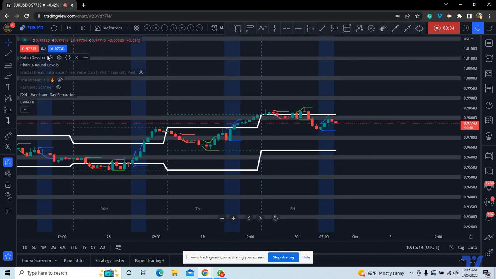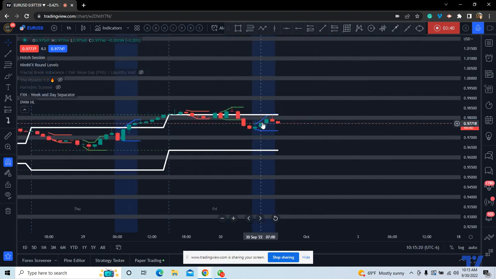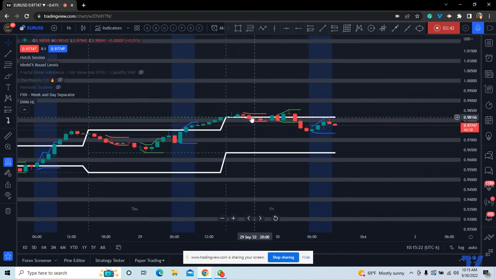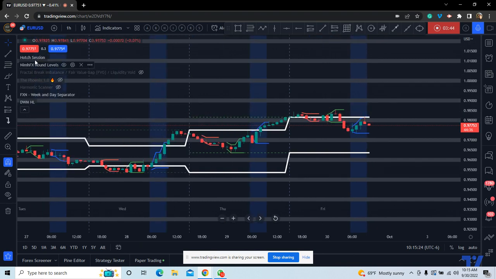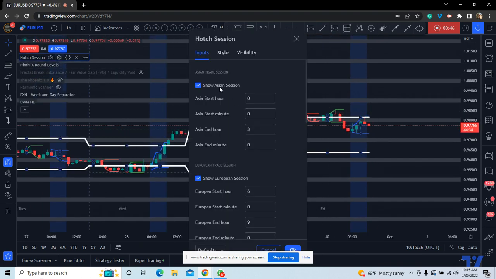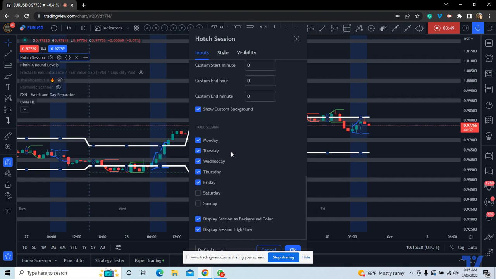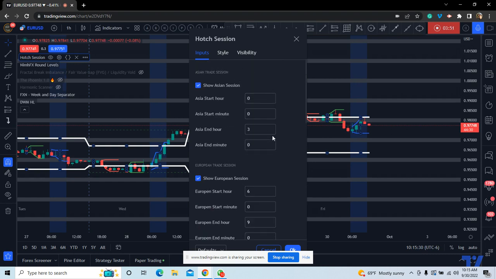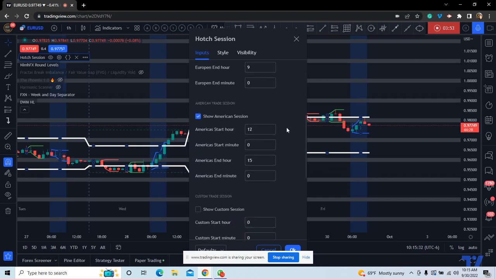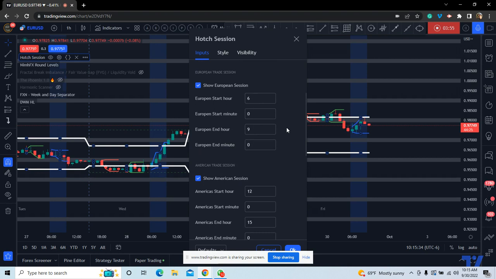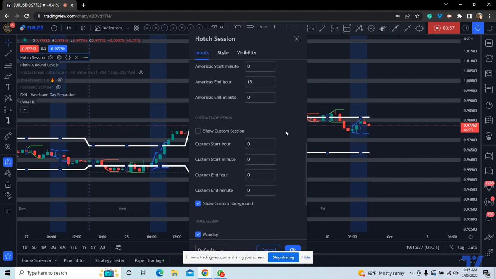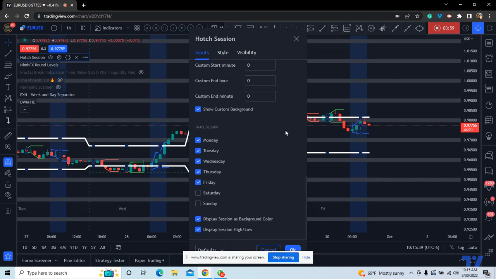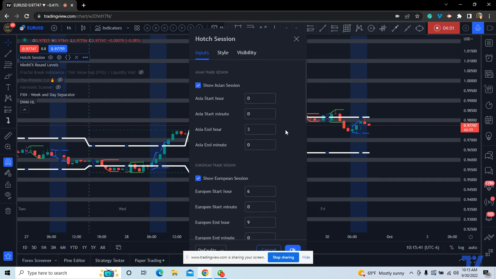You can do that within Hotch Sessions. And also you can customize the equities hours that you want to be targeting. So I've brought all three up. So they're all done in the input fields. So you can take a screenshot of that, that, that, and all of that.